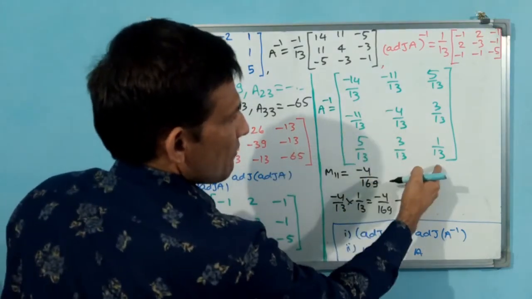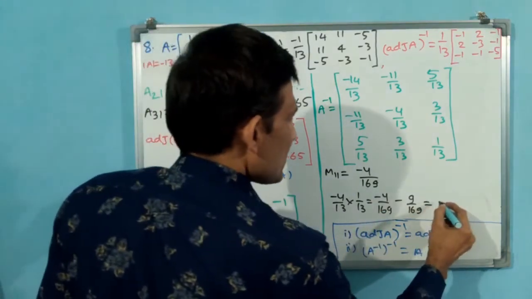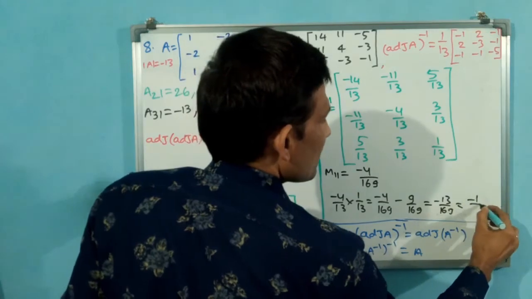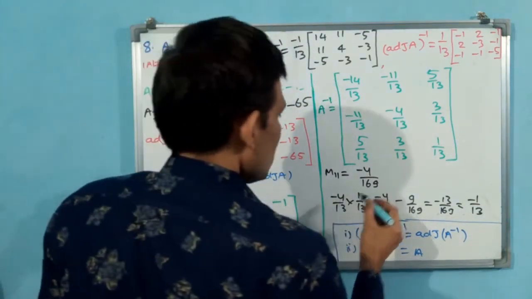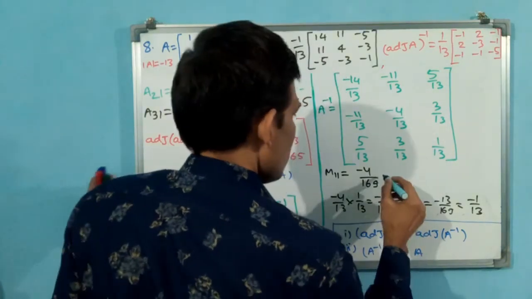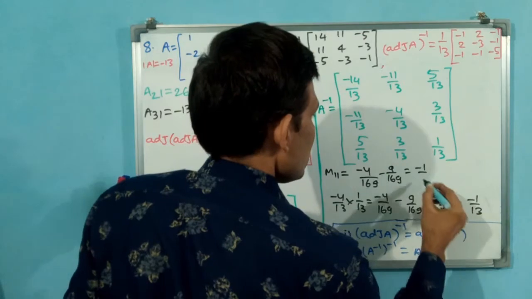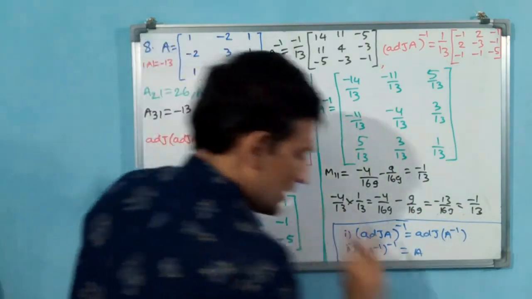Minus 4 by 169 minus 9 by 169, minus 4 minus 9 is minus 13 by 169. 13 times it will go, that means minus 1 by 13. That is equal to minus 1 by 13. Directly I have written, because I have calculated here. Minus 1 by 13, M11.